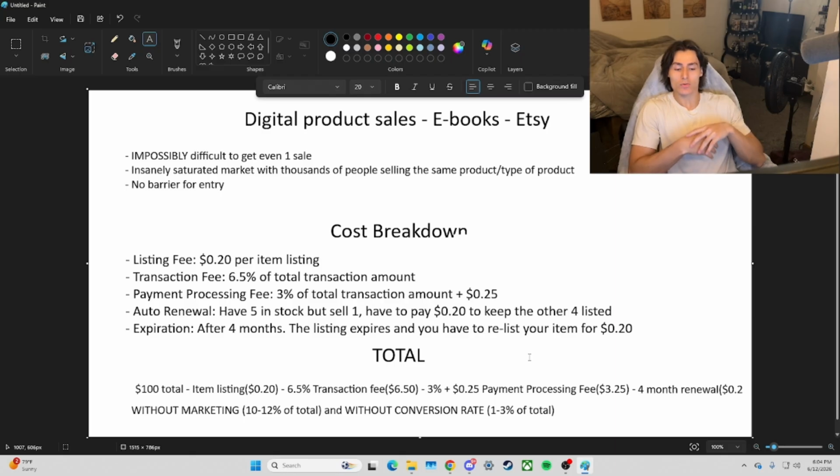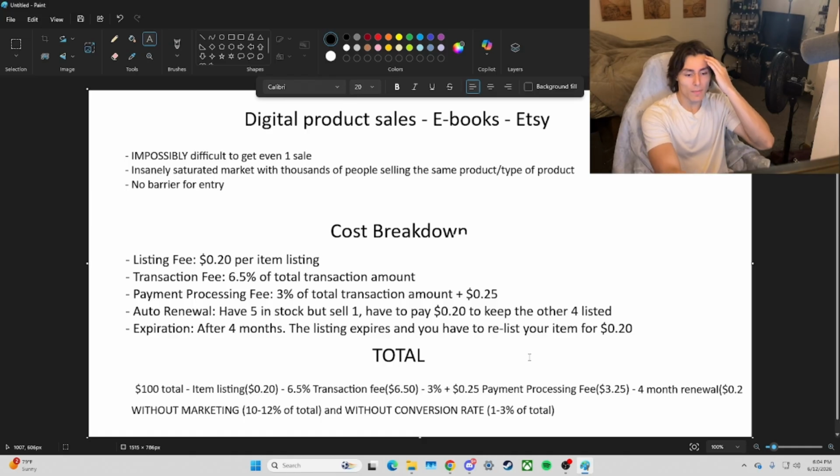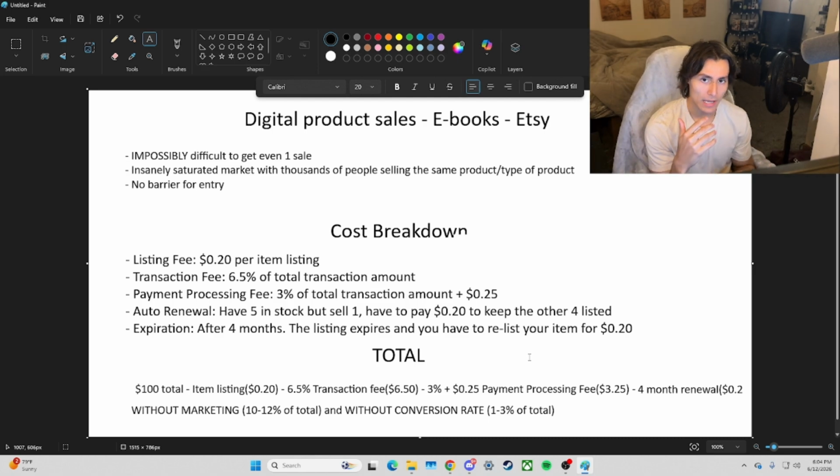And then also this is without the conversion rate. I've heard a lot of things about the conversion rate, like that you are always paying a conversion rate basically, and I could be wrong on that. Please correct me if I'm wrong. But if you do the math here, you have $100 total, and you're subtracting about $10.15, and that's without the marketing and the conversion rate. It'll be more than that. I have it written down here.